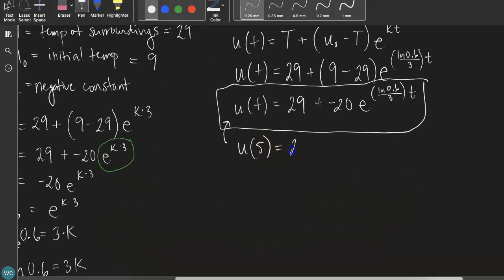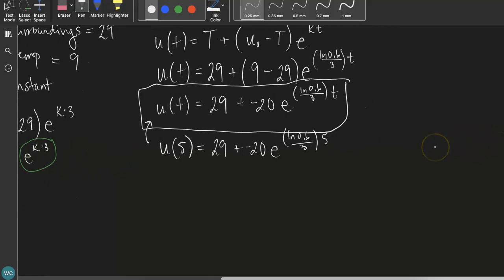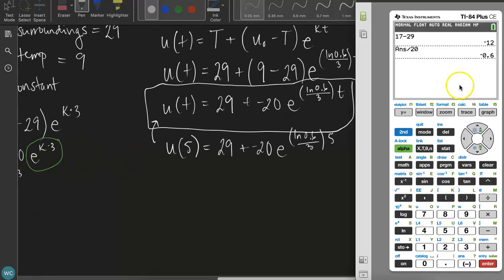So we'll replace lowercase t with 5. Now let's see what that looks like in the calculator. So I could do this here just on the calculator screen, on the home screen. 20, I'm just going to go ahead and say minus, since plus a negative is the same thing as subtracting there.